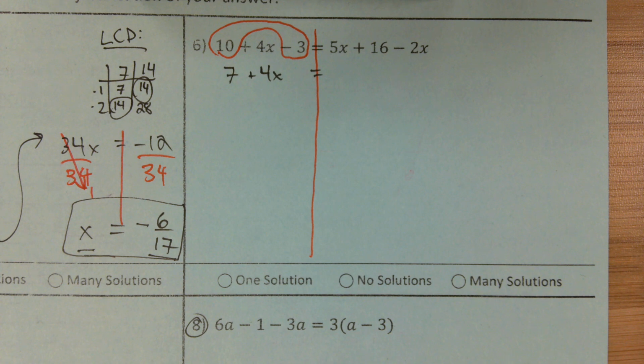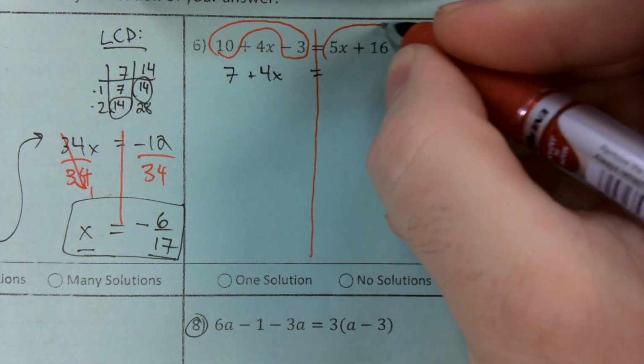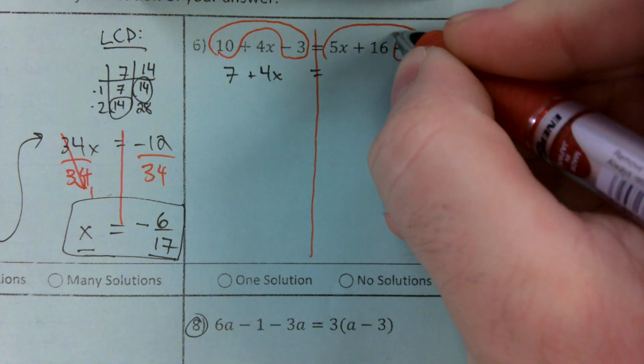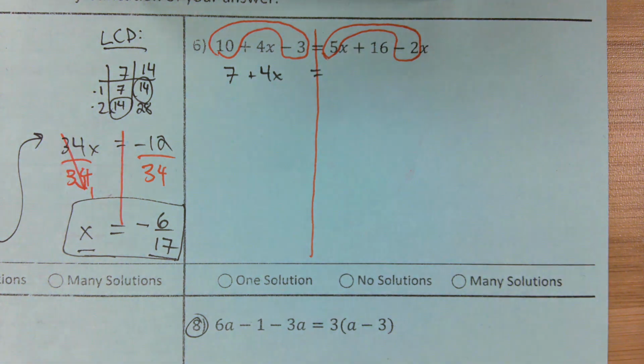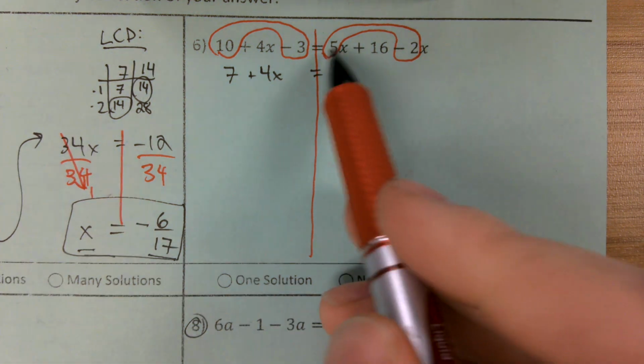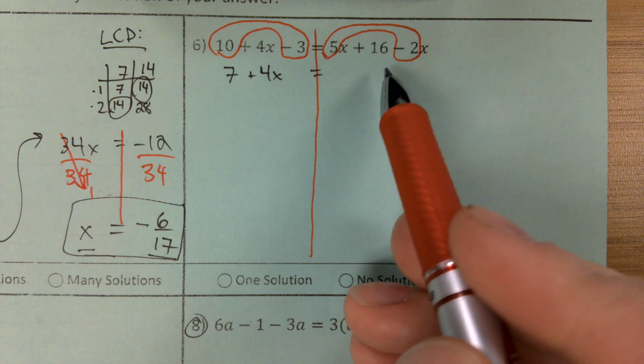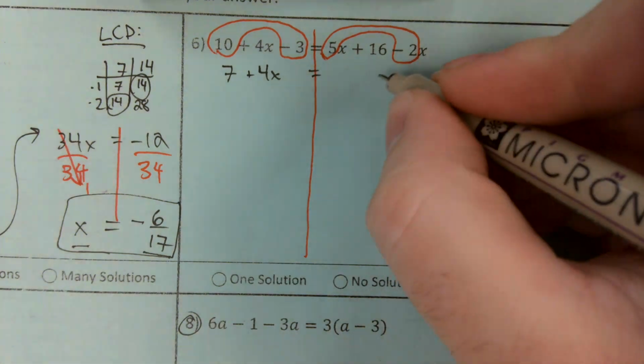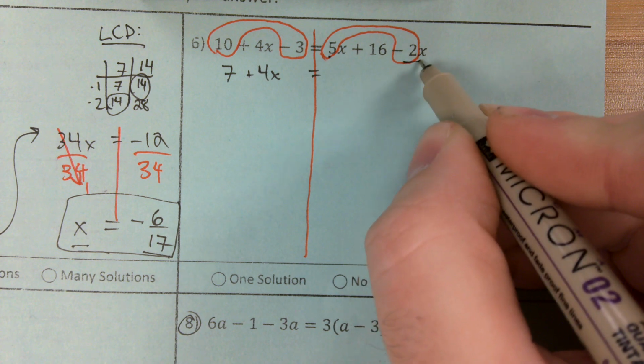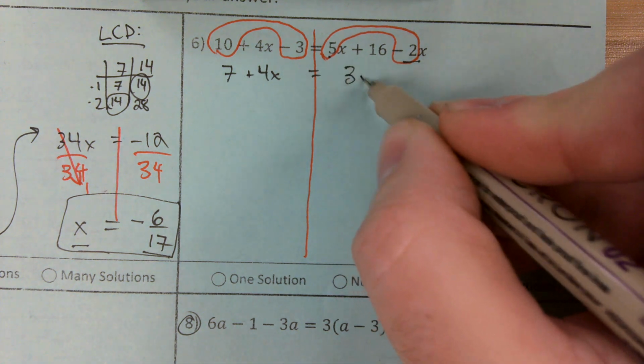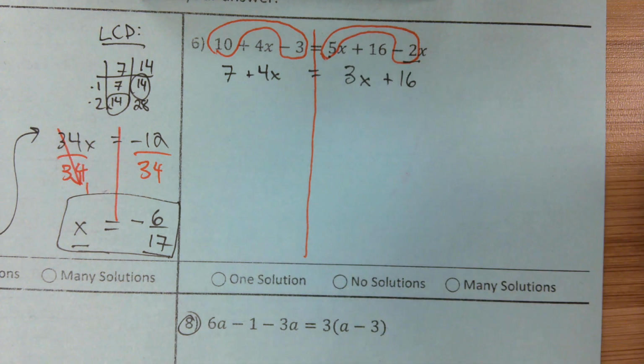Yes, we sure can. 5x minus 2x, we're only going to circle up the numbers so that we can see we're doing 5 minus 2, which is what? 5x minus 2x, folks? 3x plus 16.